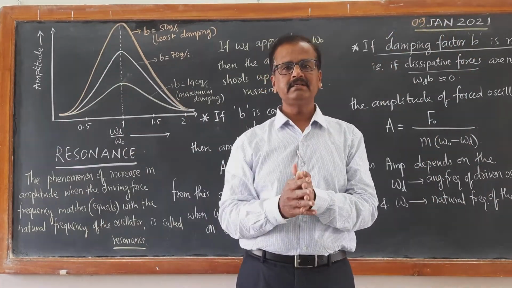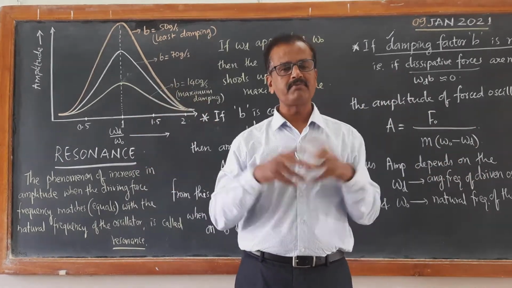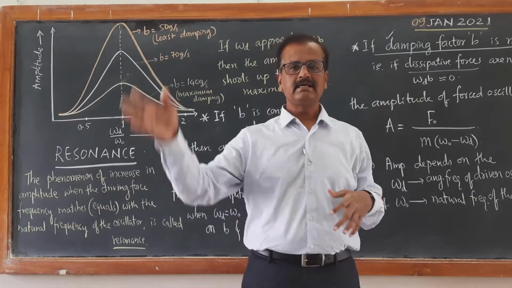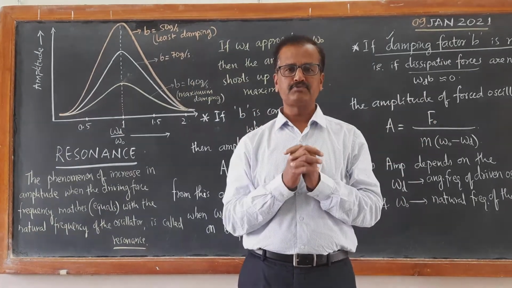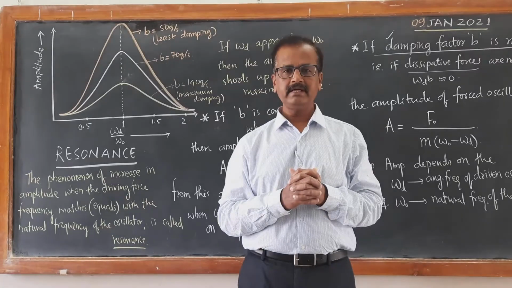At that moment, there is no need to take the help of external force from your friend. That is what we call resonance. This is commonly experienced by everyone who has played on a swing, right?